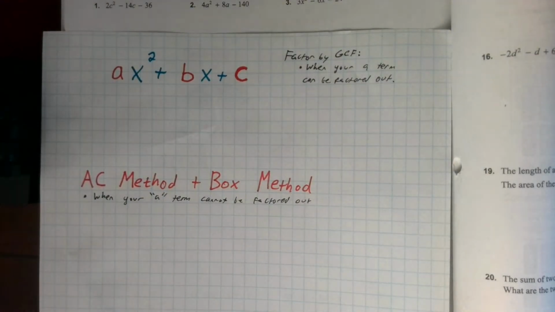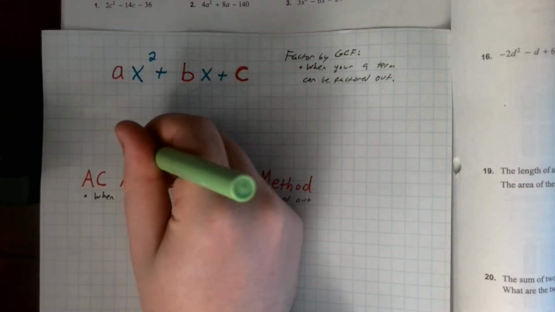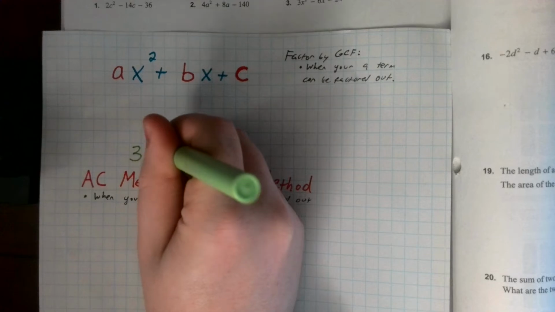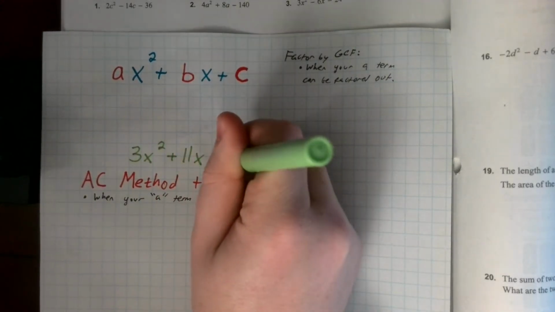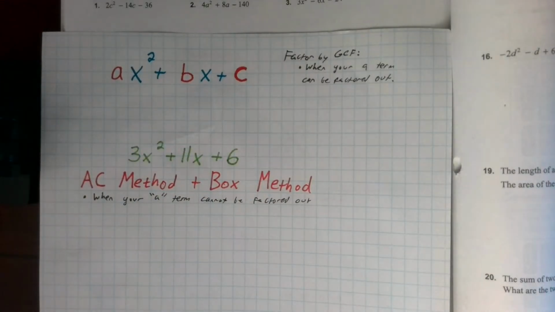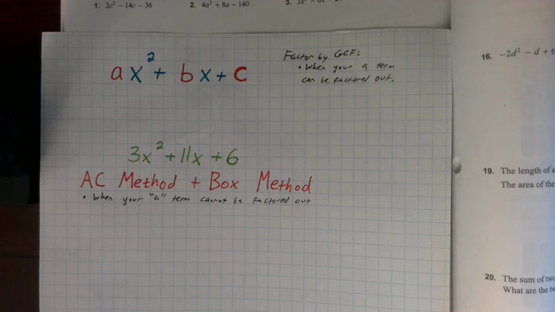Let me give you an example of a problem where our a term cannot be factored out. Let's say we had the problem 3x squared plus 11x plus 6. Why can't our a term be factored out? Think about it. Why can't we just factor by a greatest common factor and call it a day?